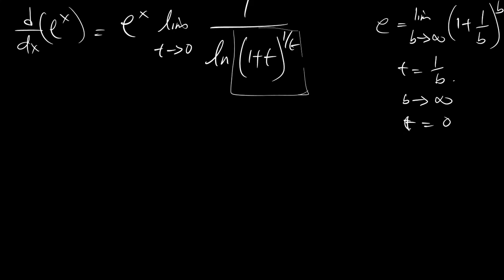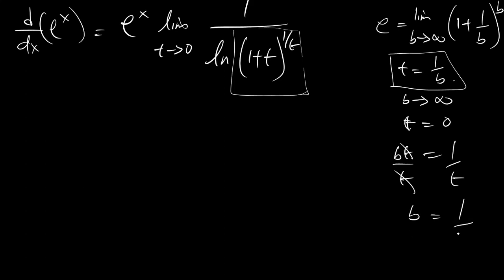Multiplying both sides by b, you have bt equal to 1. Divide both sides by t, the t will cancel, and you have b equal to 1 all over t.